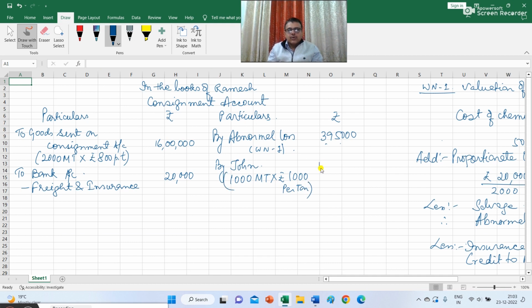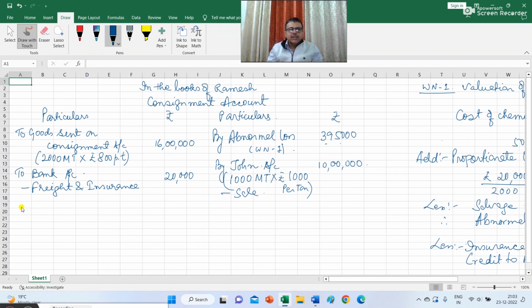So 10 lakh rupees was the sale value that was made by John. So I have credited in the consignment account, and I have written John by John account. So John account debit to consignment account for rupees 10 lakh.